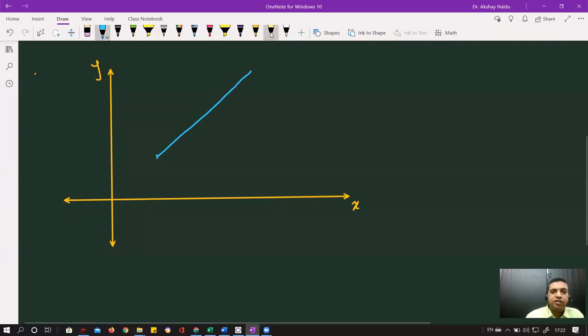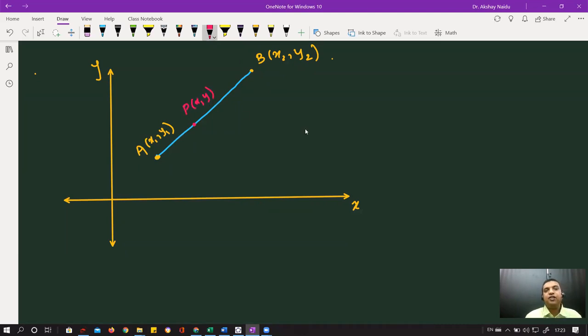This was the point P, A (x1, y1) and B (x2, y2). Now P is a point in between with coordinates x comma y. I have to find out what these coordinates x comma y are.